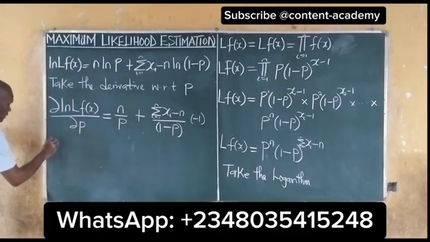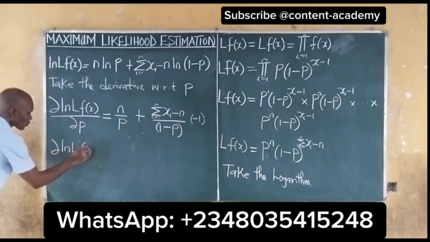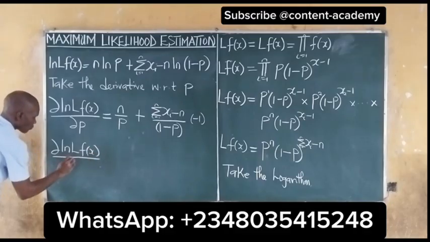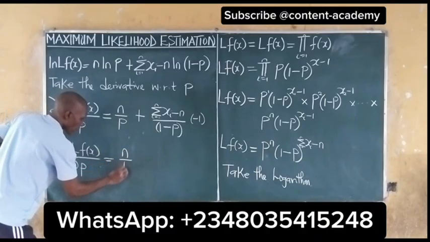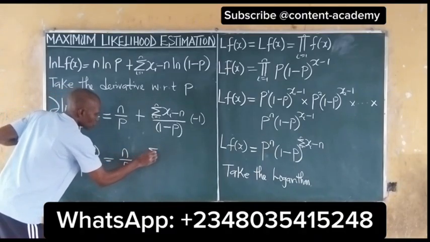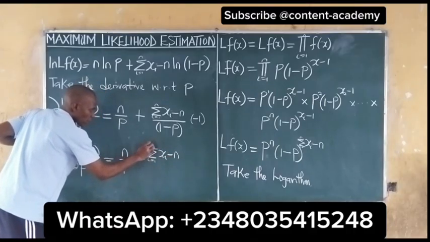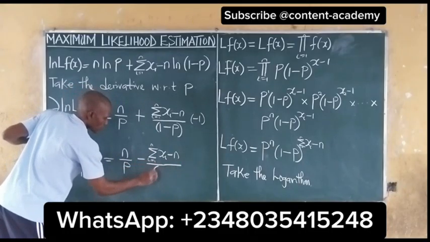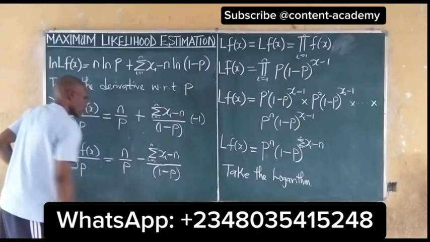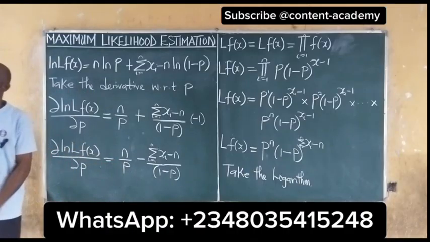We can write the derivative of our likelihood function of the given distribution with respect to p as n all over p minus summation of xi minus n, as i running from 1 to n, all over 1 minus p. So we succeeded in writing this out properly.